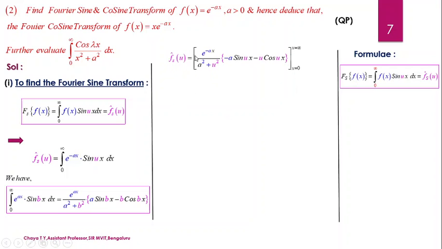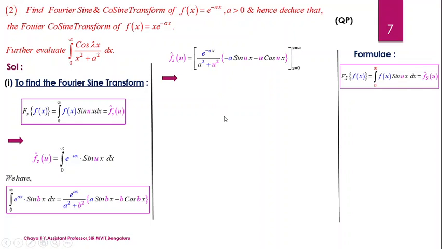So therefore, the Fourier sine transformation will be now e to the power minus ax by minus a square gives me a square plus u square. So I am replacing a with minus a into the formula. So the expression will be now minus a sine ux minus u cos ux.